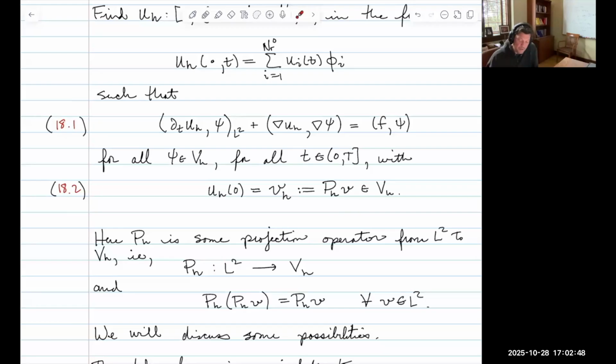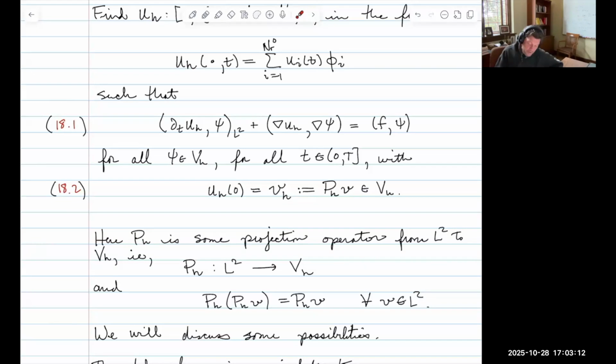Projections put continuous functions into the finite element spaces. So how could I do this? What projections do I know so far? Well, one of the projections I know of so far is the interpolant. So I could use the interpolant as the projection, which puts my continuous V into the finite element space VH.